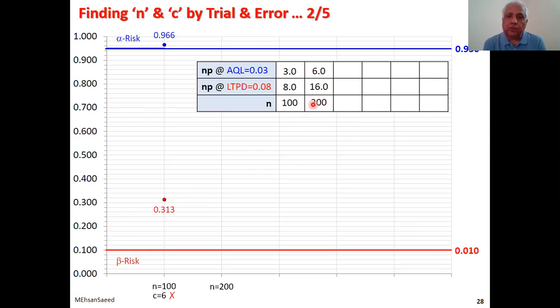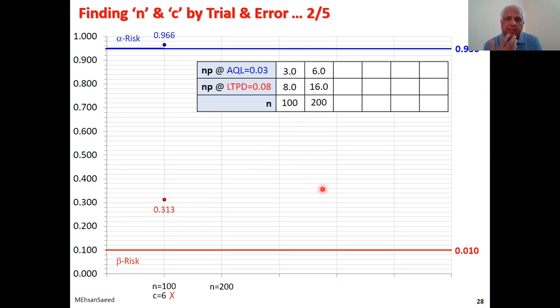So lambda at 200, 200 multiplied by 0.03, is 6. And lambda at LTPD becomes 16. Sample size has doubled, so has the lambda. Okay. Let's now revert to the Poisson tables again.